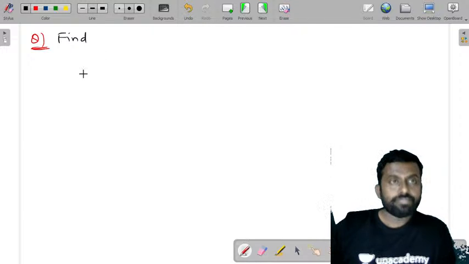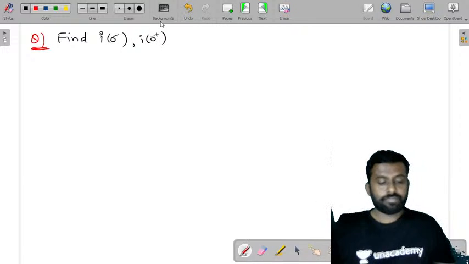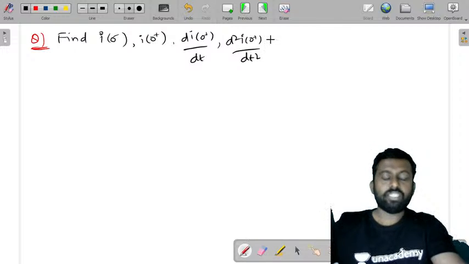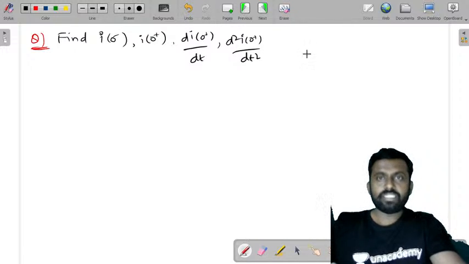Find i(0-), i(0+), di/dt at 0+, and d²i/dt² at 0+ for the given circuit. The circuit given is something like this.